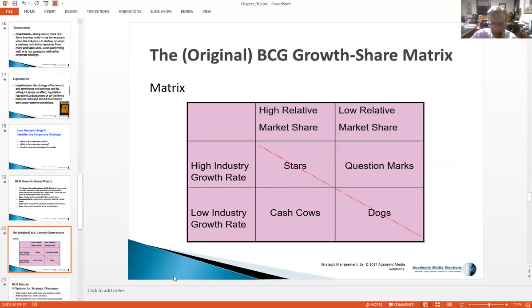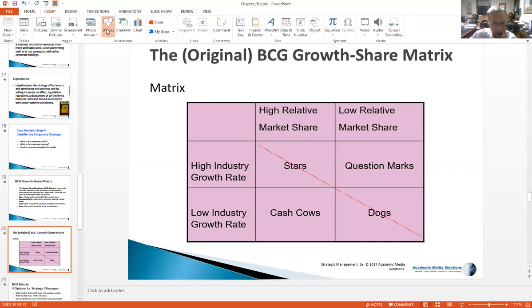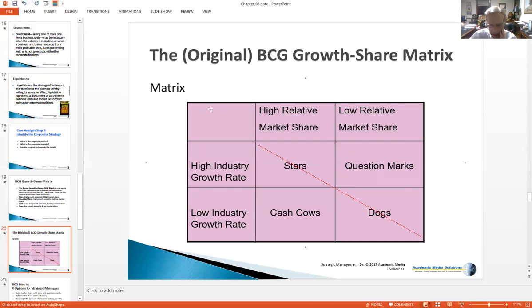Now, in fact, the way we normally do this is that I'll try to bring a line down through here.